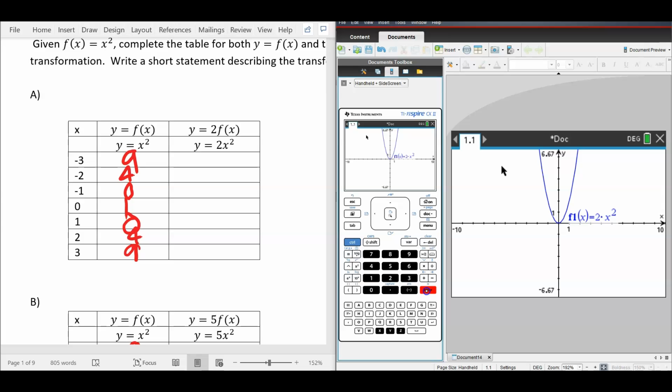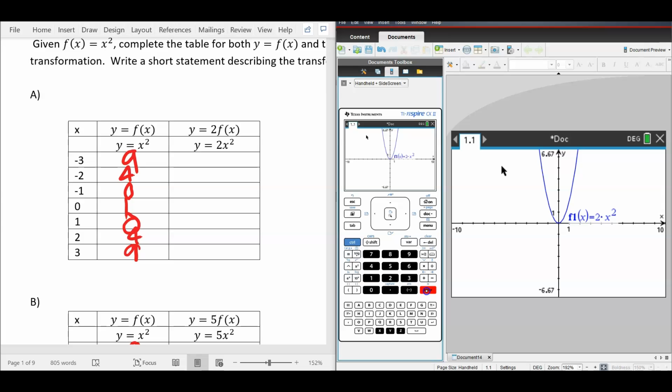All right, how are we doing? Did you graph it? Hit Tab, go up. Yep. You're typing in 2x squared, not y equals, just 2x squared. Hit enter. Now I want a table.